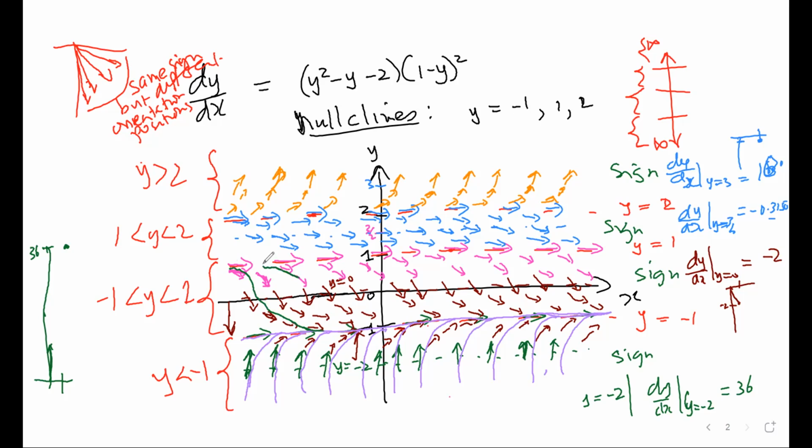Starting almost flat, then steep, then flat, until you hit the nullcline. So that's how the solutions there would look. And then of course you know that on the nullcline, the solutions will just remain on the nullcline.